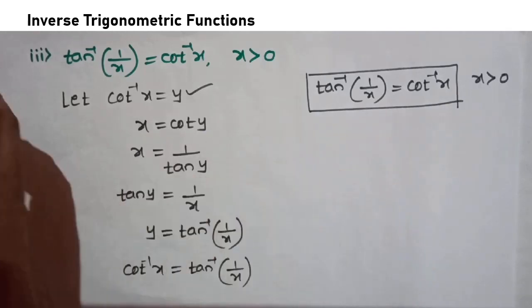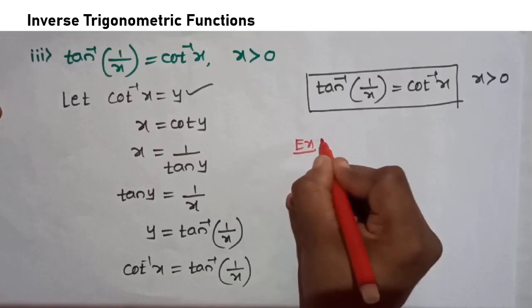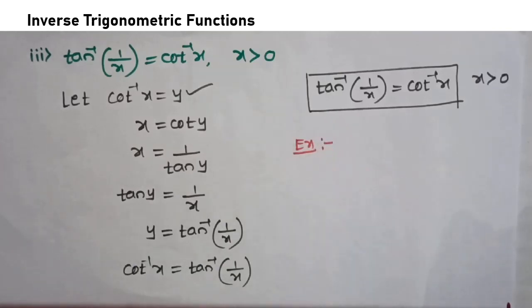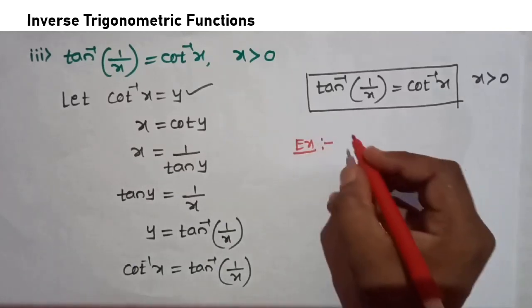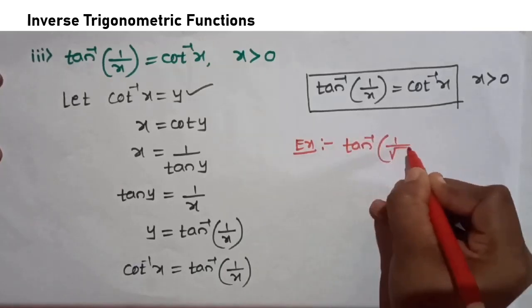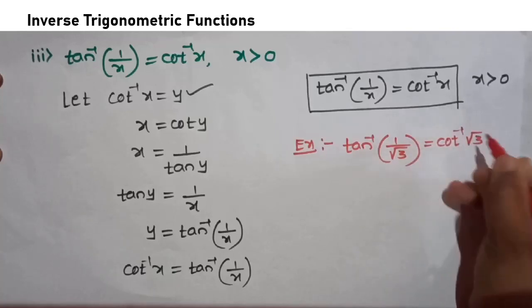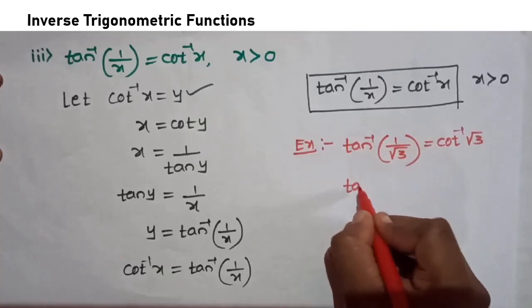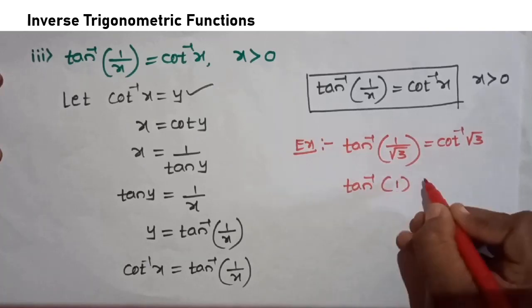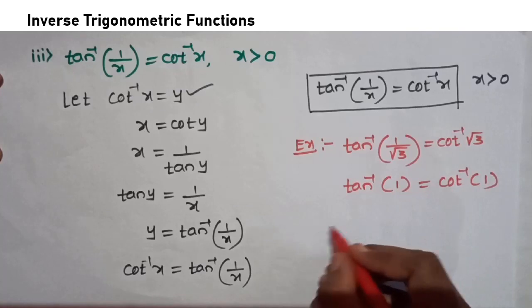So how to use this property? We'll take examples now. Property number 3, tan inverse 1 by x is equal to cot inverse x. So you can write tan inverse 1 by root 3 as cot inverse root 3, and again you can write tan inverse 1 is equal to cot inverse 1 only, right?